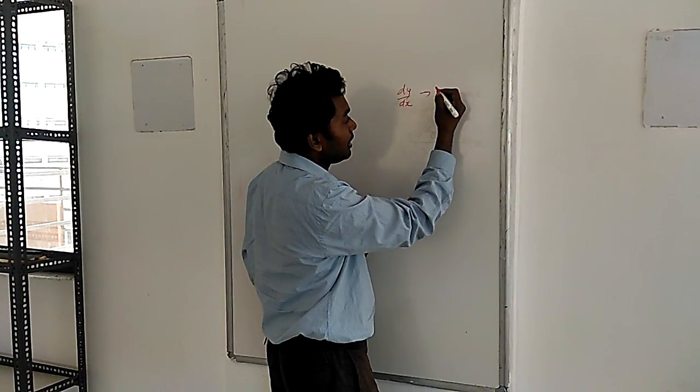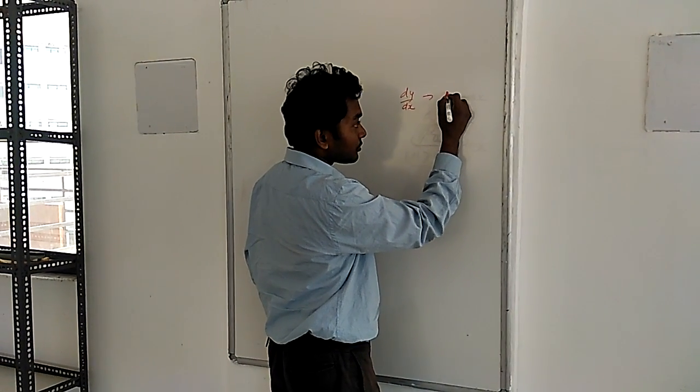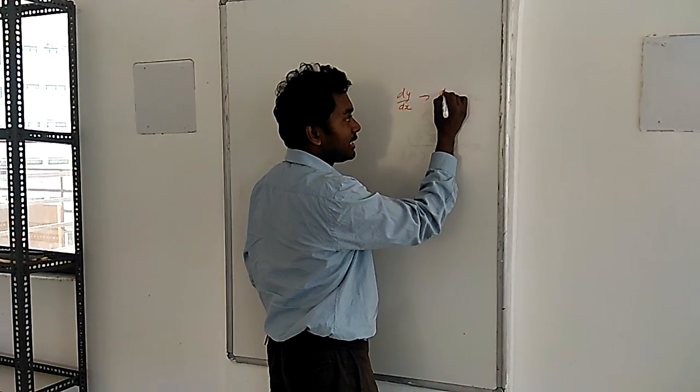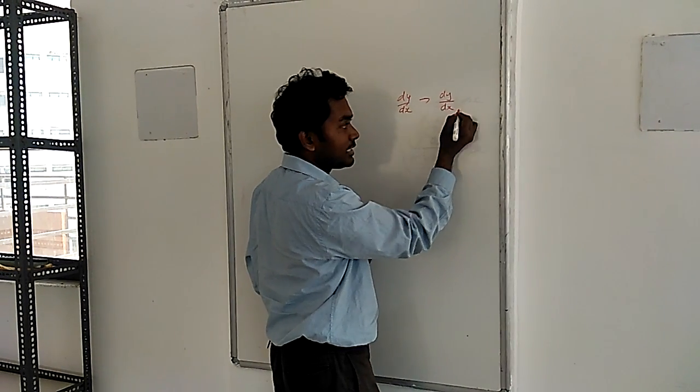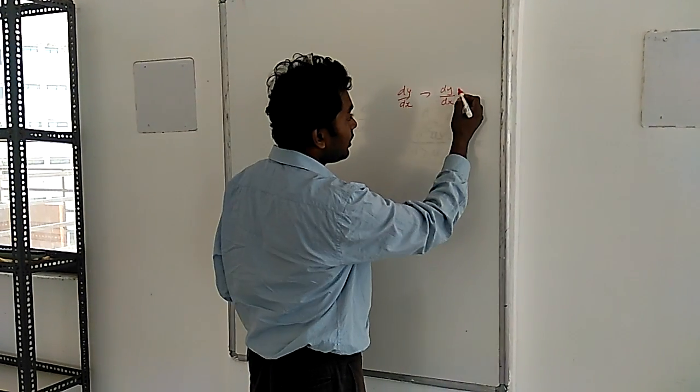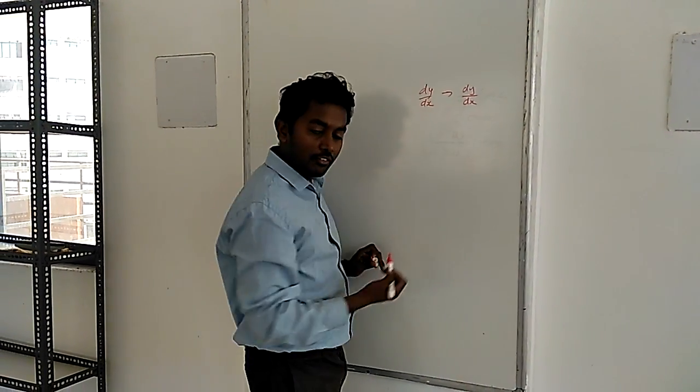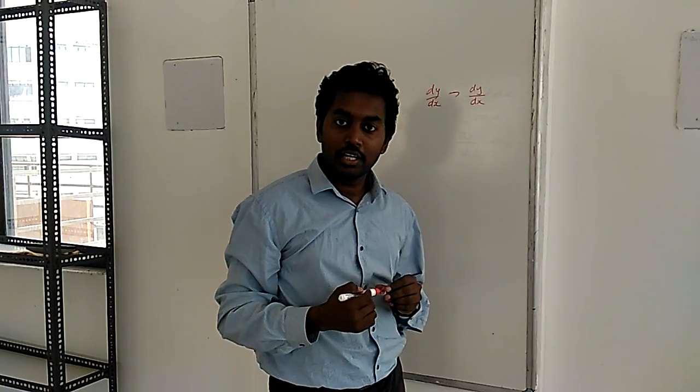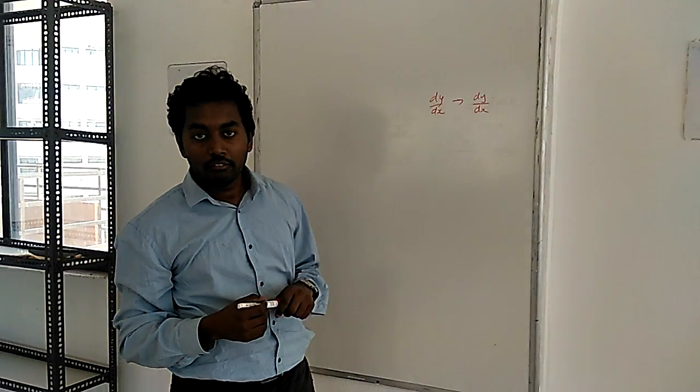It means the difference of y, dy, upon the difference of x, dx. This is the basic Wikipedia definition of derivative, or dy by dx.